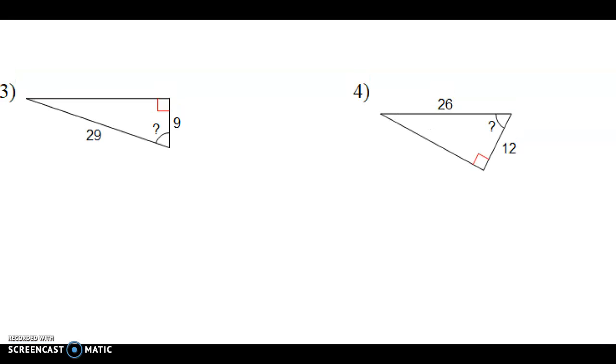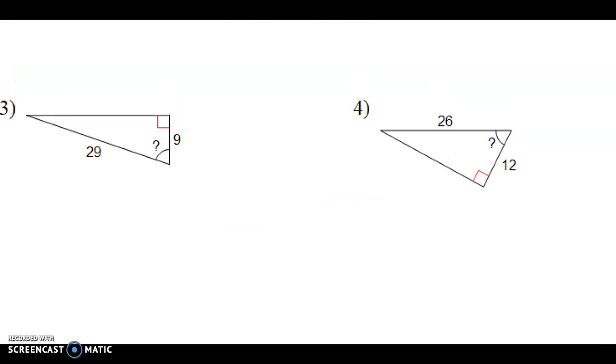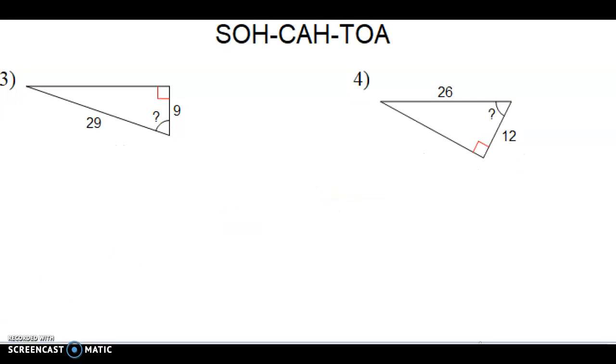Same as before, I'm going to label my sides. So I have my opposite, my hypotenuse, and my adjacent. So I have hypotenuse and adjacent. That tells me it's going to be a cosine, right?